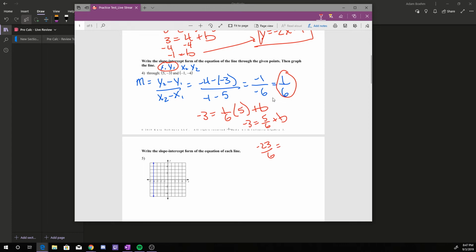That doesn't sound right. That's alright. And then we have our entire equation. So y is equal to 1/6 x minus 23 over 6. I'm not 100% sure if that's right, but that's how you do it.